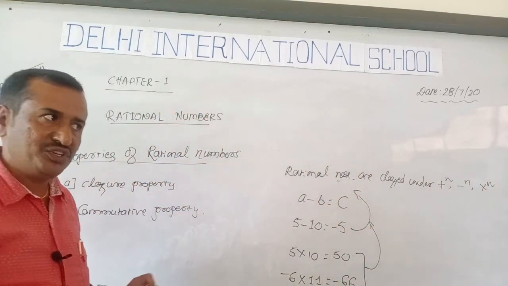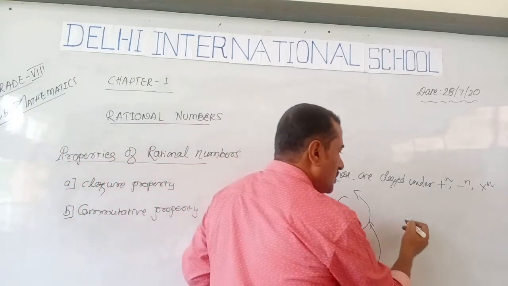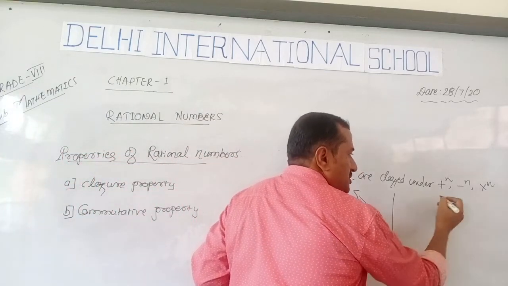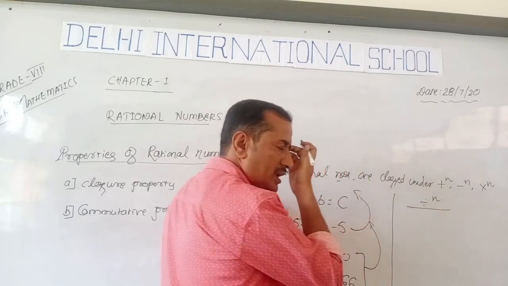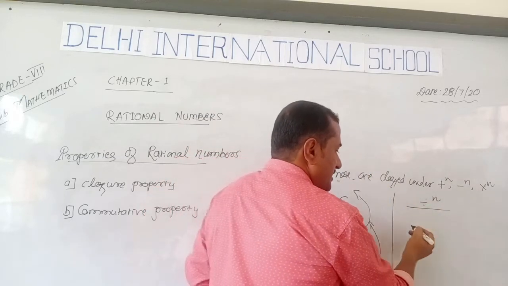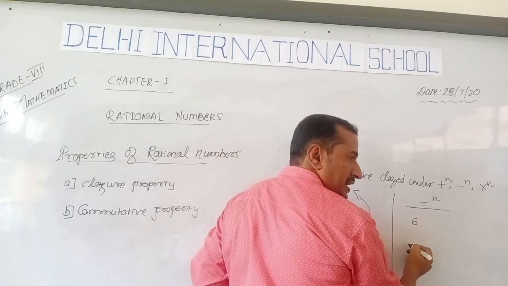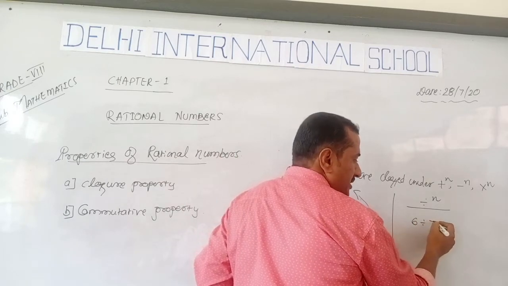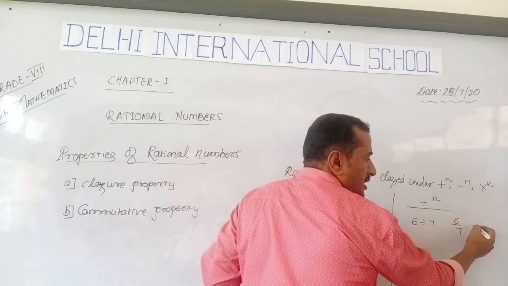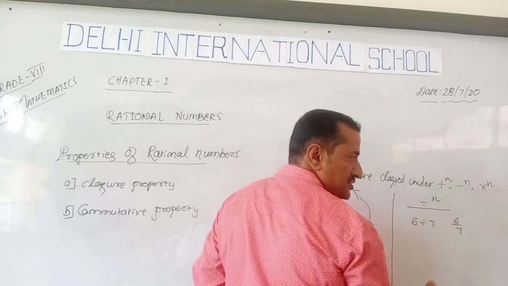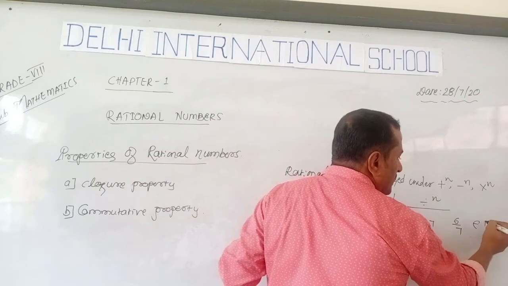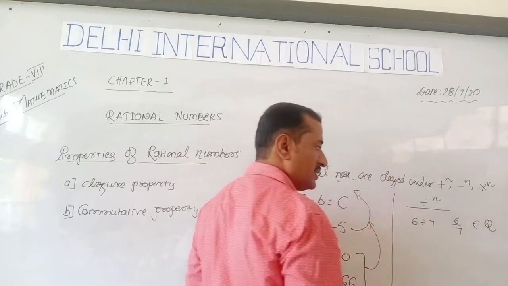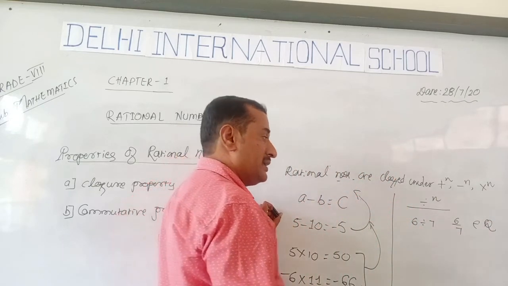Shall we check for division? Yes. So, to check division, consider any two numbers, 6 and 7. 6 divided by 7 gives you some number, which belongs to rational numbers.